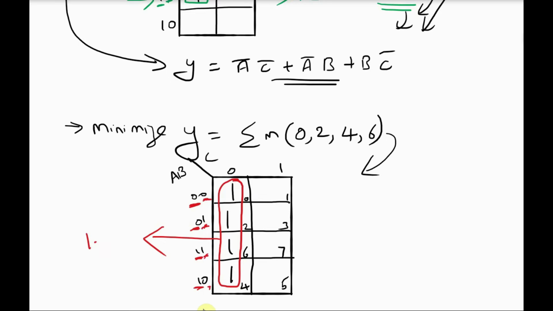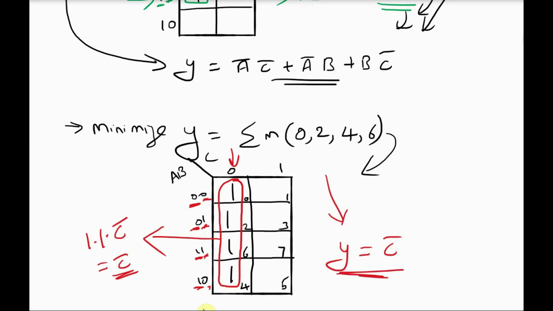So when all the rows are covered in the variables, the value of the variables is 1. So here B is also 1. 1 into 1 into, multiplied by the column value. The group is covered in only one column and the value of the column is 0. So C is 0, that means C bar. 1 into C bar, so the answer is C bar. So the final simplified expression is y is equal to C bar.